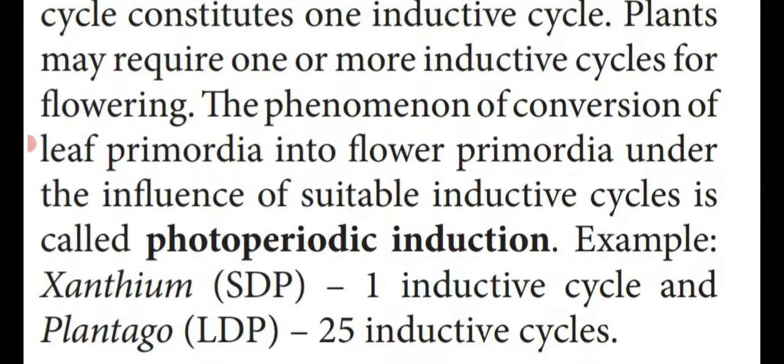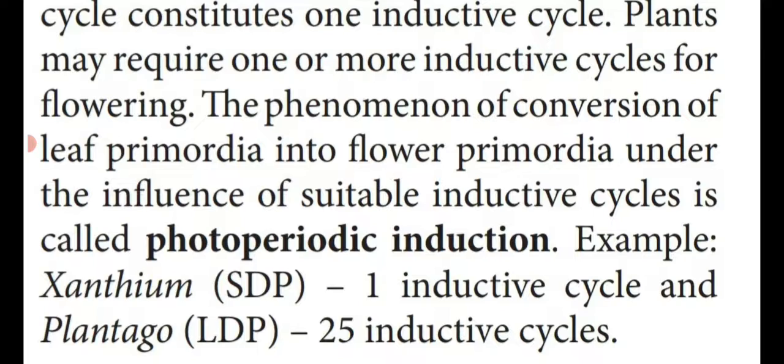Example, xanthium. It is a short day plant. What is a short day plant? Plants which require short critical day length for flowering are known as short day plants, which contain one inductive cycle. It requires one inductive cycle for formation of flower.